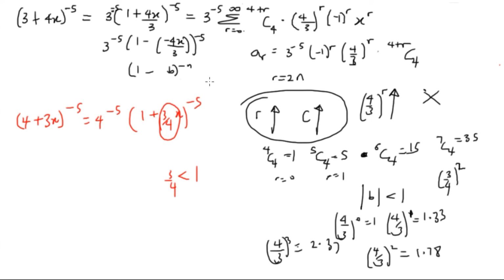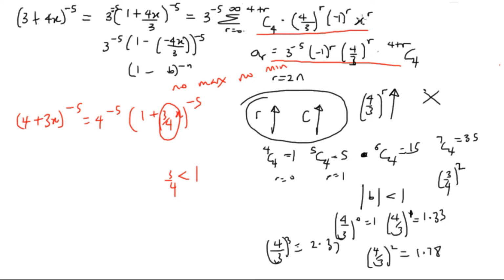So this kind of question has no maximum, no minimum. Let me just explain one of the things you must know about all that I have right here: as the r value increases, the combination increases, then 4 over 3 will also increase, which means we will not have a greatest coefficient.